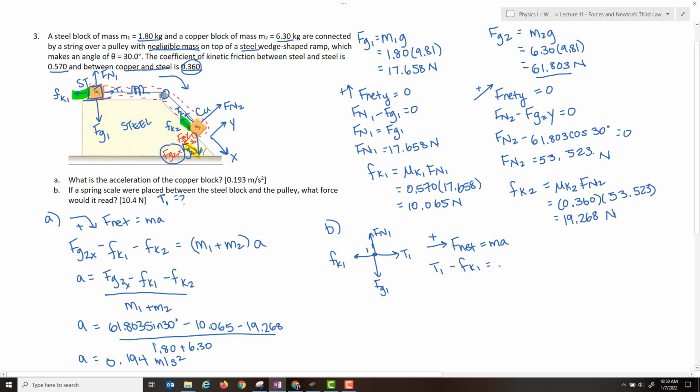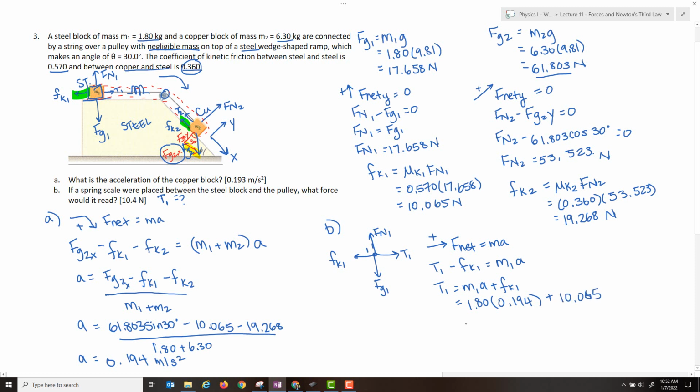My mass, I'm referring to mass 1 because that's what my free body diagram is of. And my A is my acceleration that I just found. So I'm solving for T1. So I'm going to bring my FK1 to the other side, make it positive, which equals my mass 1, which was 1.80, times my acceleration, which was 0.194, plus my FK1, which is 10.065.